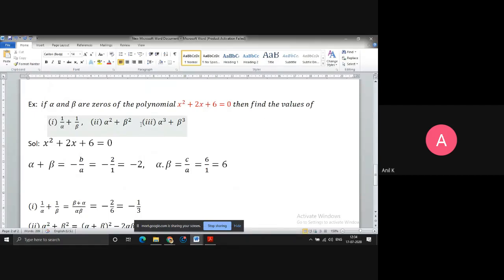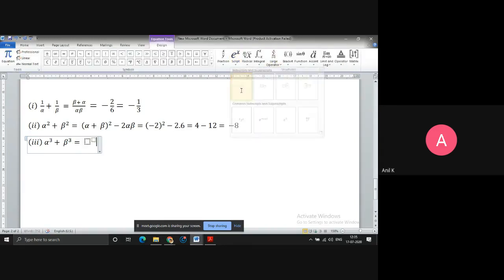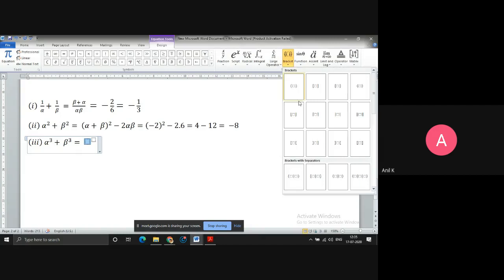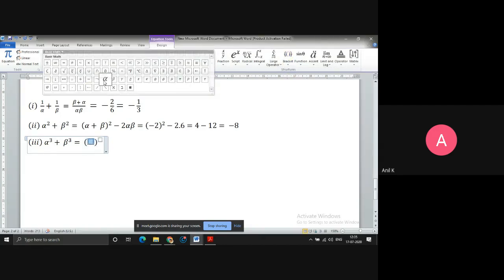Here, any guess which formula we are going to use? Alpha cube plus beta cube. It is a cubic formula, so obviously I'm going to use the cubic formula. You already knew this formula, but I'm just going to rearrange the terms. Let me show you which formula we are using.